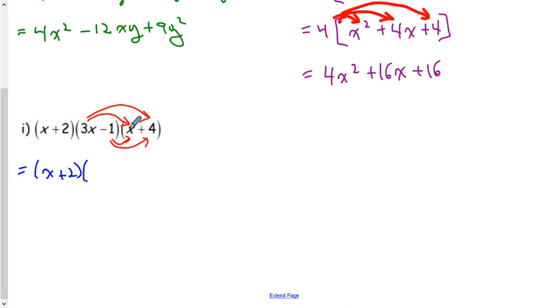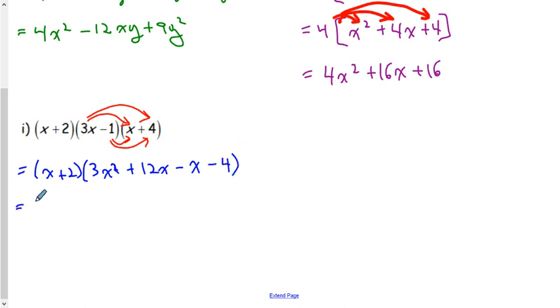So 3x times x is 3x squared. 3x times 4 is 3 times 4 is 12, so 12x. Negative 1 times x is minus 1x. I'll just write that as minus x. And minus 1 times 4, negative 4.